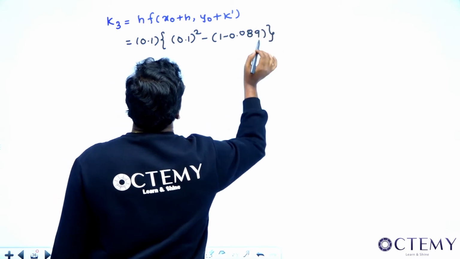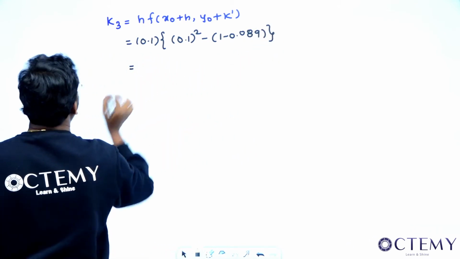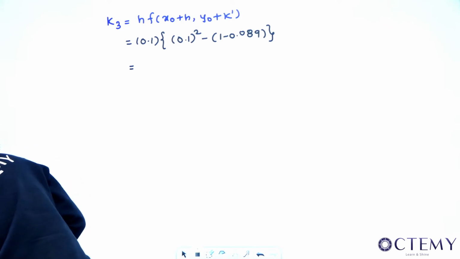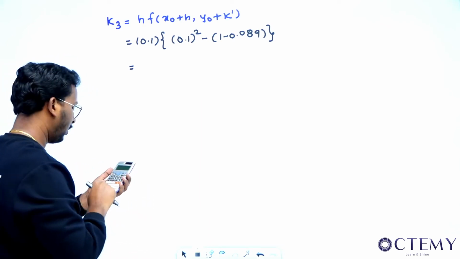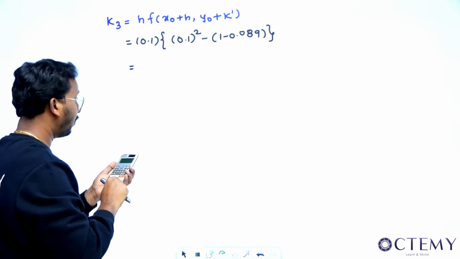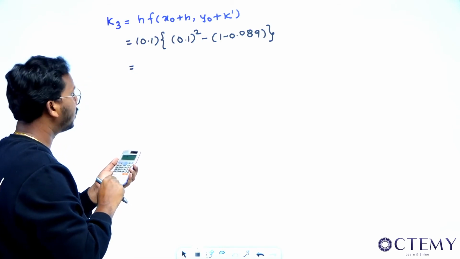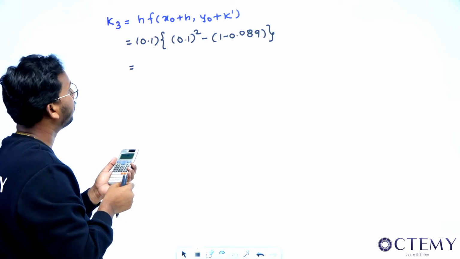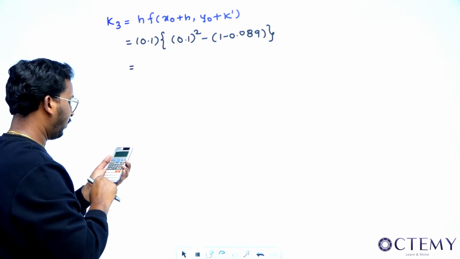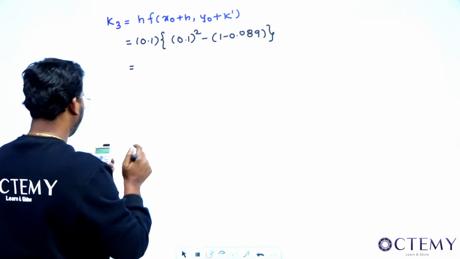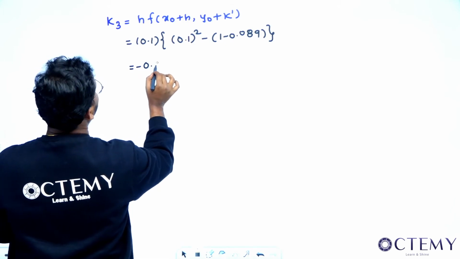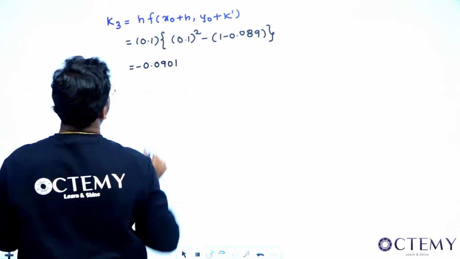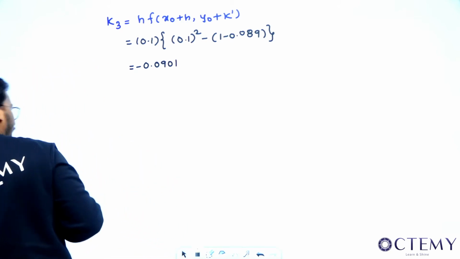If you calculate this, your K3 will be 0.1 square minus 1 plus 0.089, into 0.1. That will become minus 0.0901, right? Now let us find the value of k.